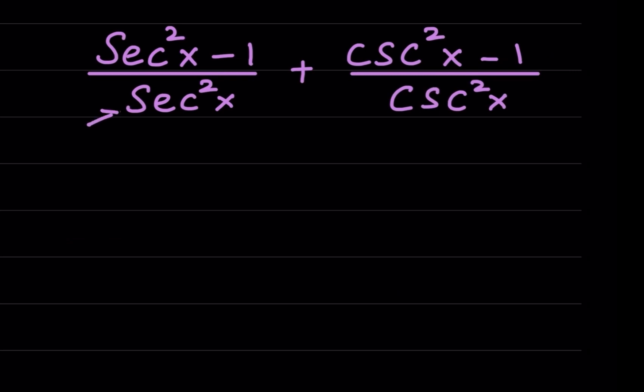The denominator secant square x belongs to both the numerators. So I'm going to split the numerator like this.